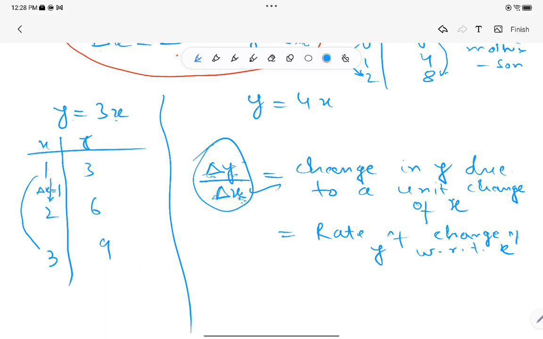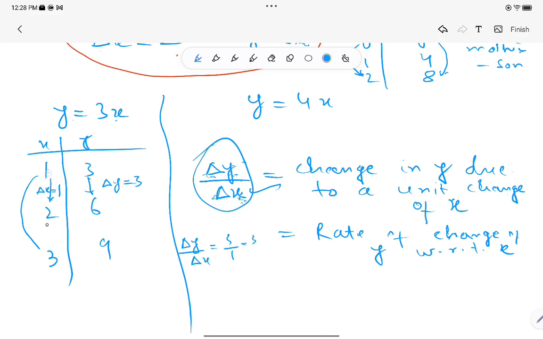What is the corresponding change in y? Delta y is equal to 6 minus 3, that is 3. Now, what is rate of change? If I calculate rate of change using these, delta y by delta x, that is 3 by 1, that is 3.